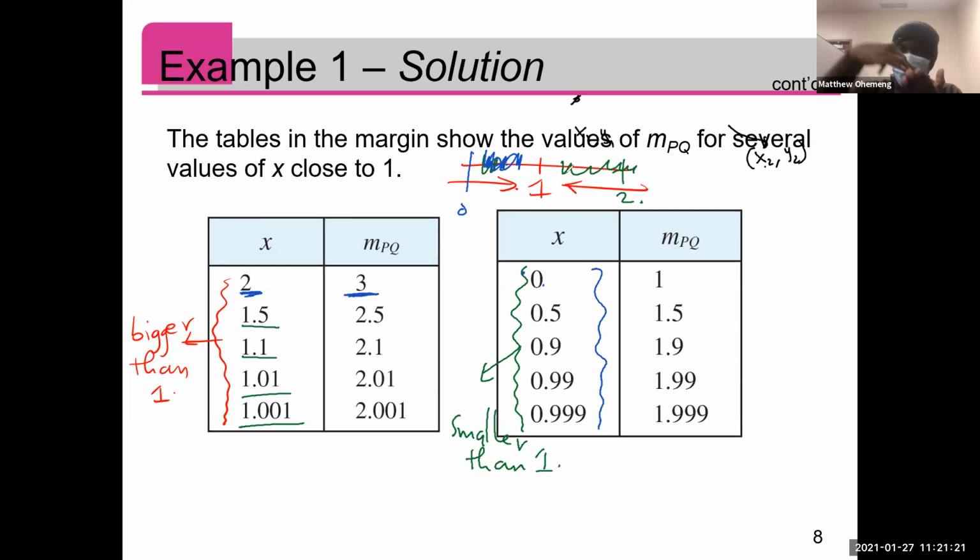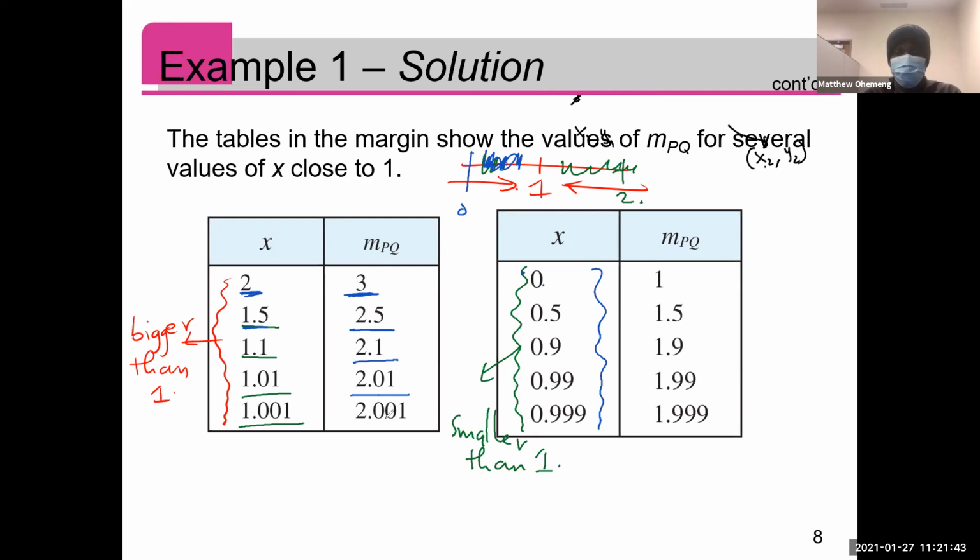Maybe from the diagram, we saw that as we get closer, we get a better approximation to the slope. So let's try 1.5. What is that giving us? Well, 2.5. It's reduced a little from 3. Let's get closer. 1.1, that's 2.1. It's still falling. Now, 1.01, that's 2.01.